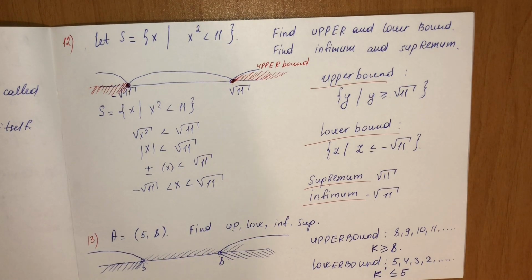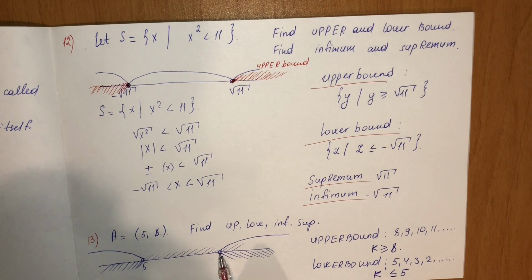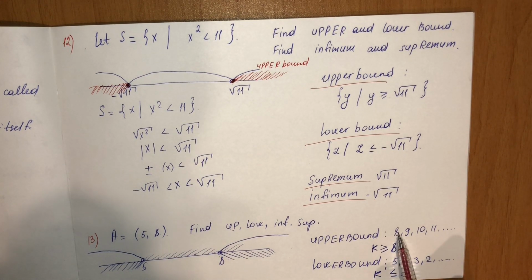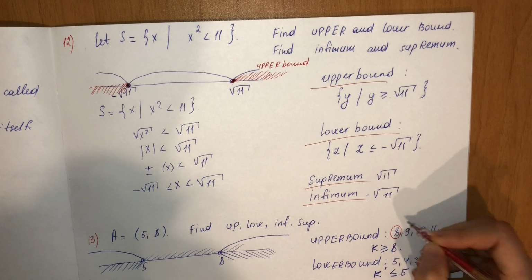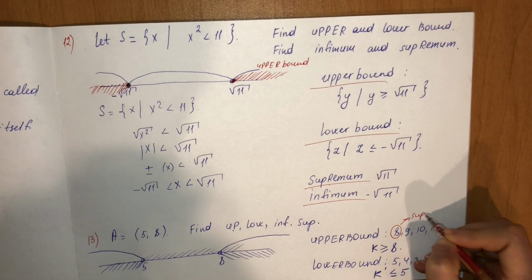And what about the infimum and supremum? We said that the least element of the upper bound is the supremum. So 8 is the supremum.